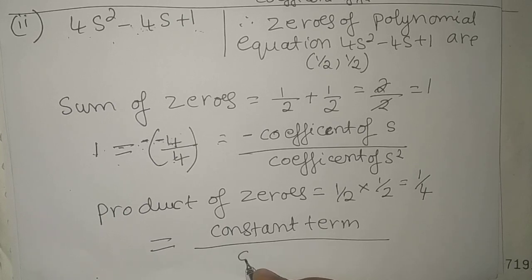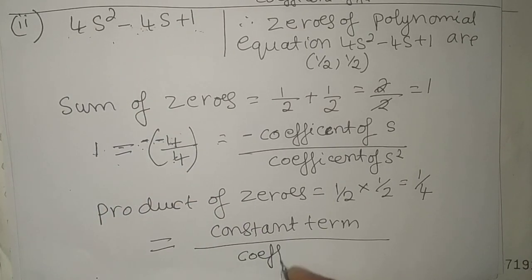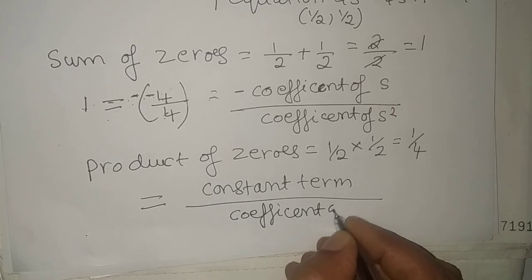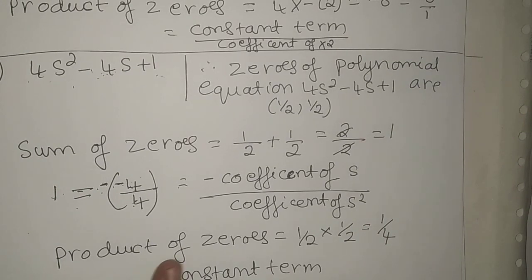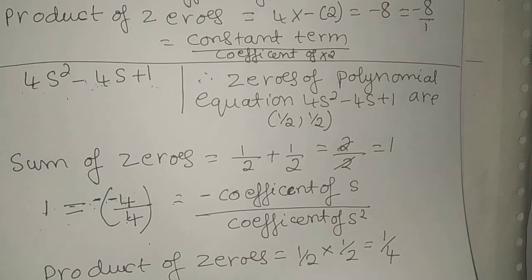So here 4 is the coefficient of s square. So this is the verification we have to do in each part of the problem. Now we move on to the third problem.